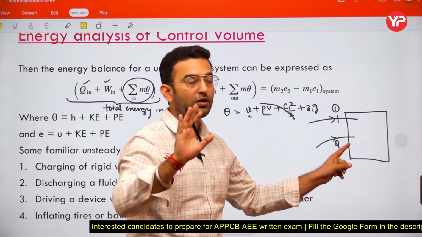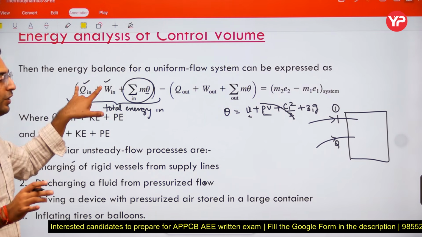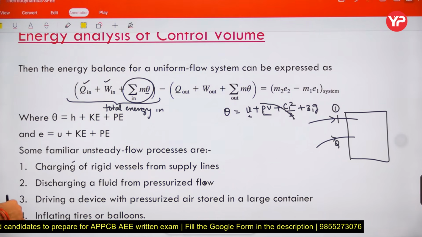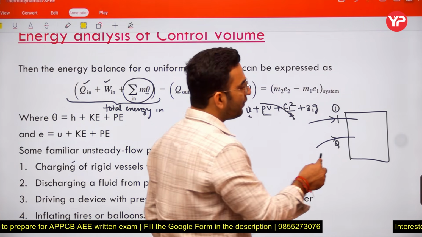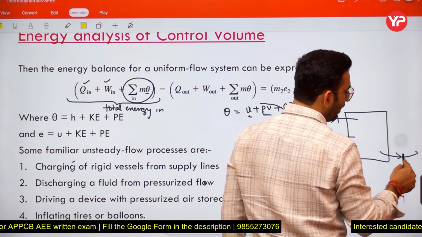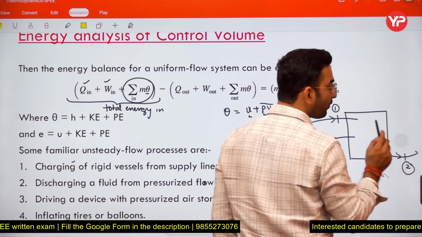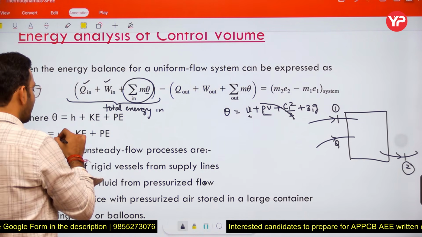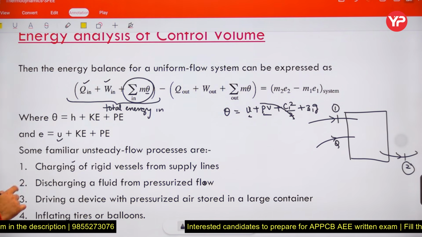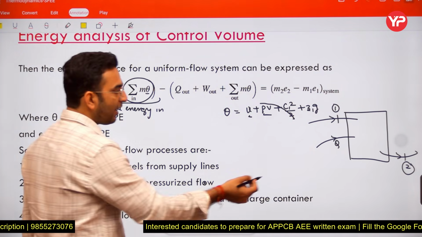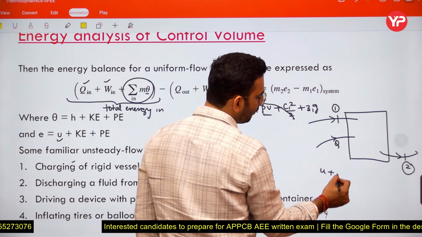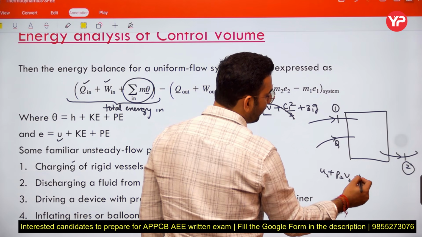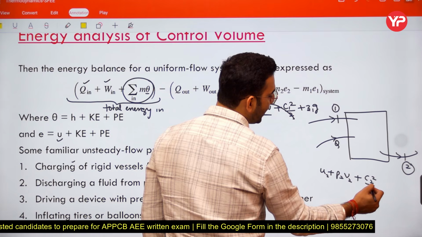They are not there due to the fluid transfer; they are due to the boundary, they are basically boundary phenomena. Similarly, when the fluid is exiting from the system at point number 2, it has some temperature, due to which we again experience internal energy. It is going to have some flow work at point number 2. As it is moving, it has a bulk motion, due to which it has a kinetic energy.